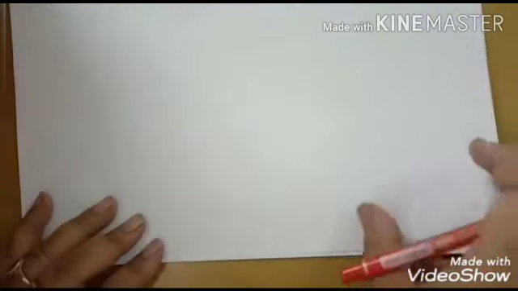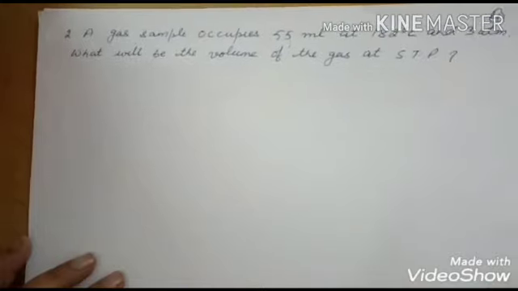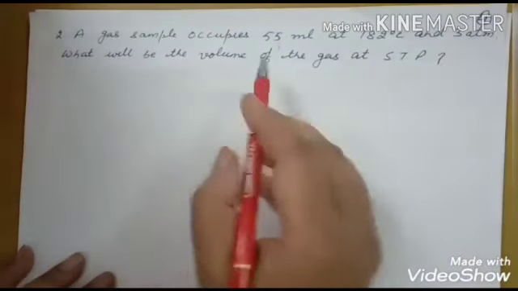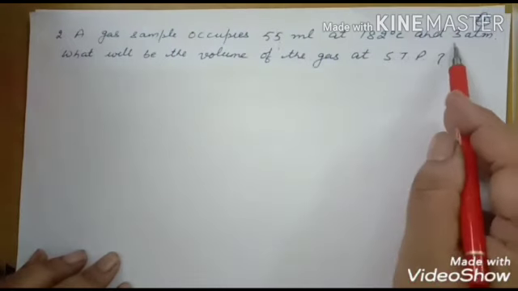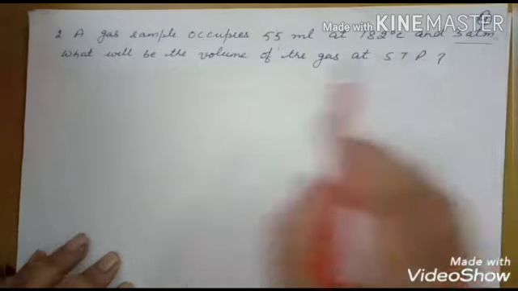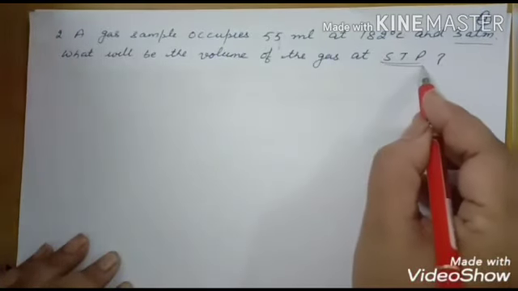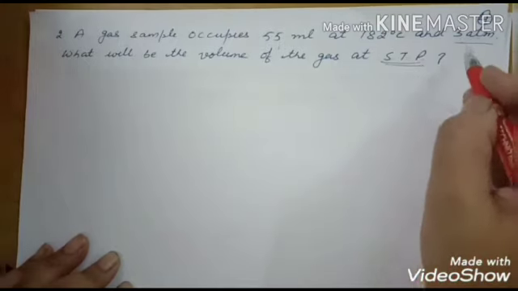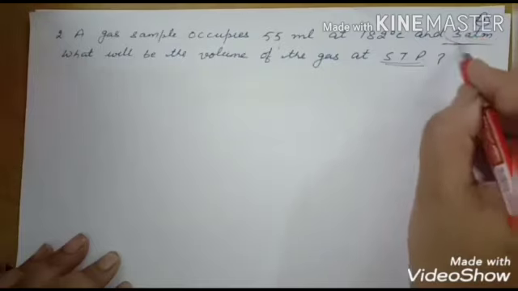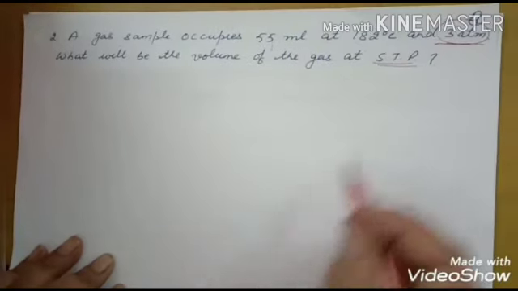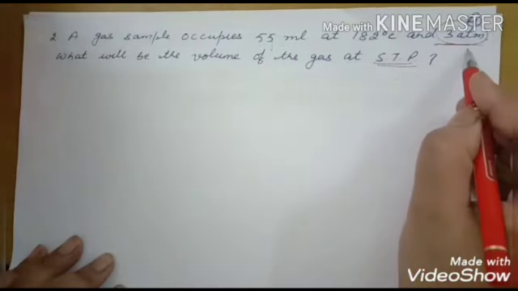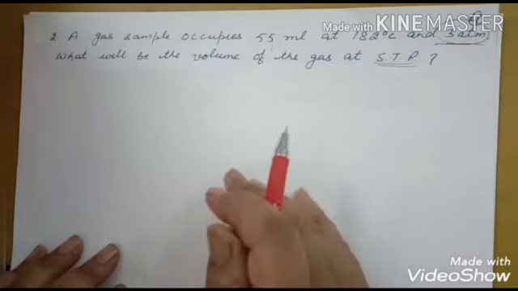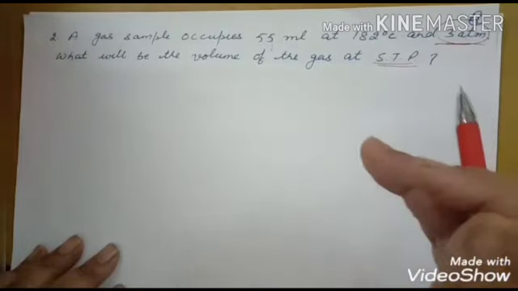Second numerical. A gas sample occupies 55 ml at 182 degrees Celsius and 3 atmosphere pressure. What will be the volume at STP, standard temperature and pressure? Remember, we are going to take the same units that are already given. If the pressure is given in atmosphere, we have to take the second pressure also in atmosphere. If it is given in mm of mercury, we will take the second pressure also in mm of mercury.